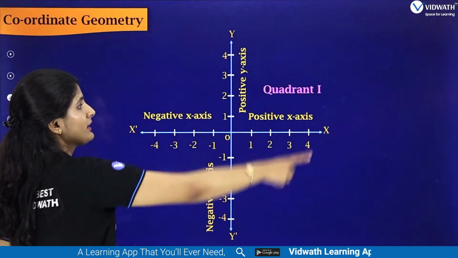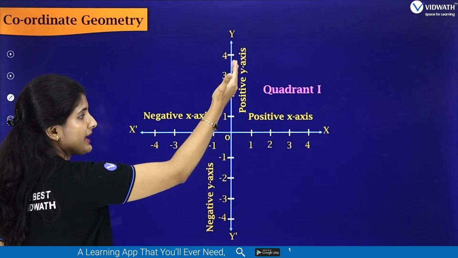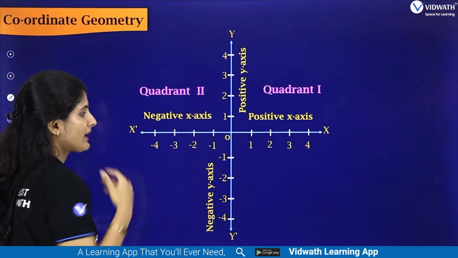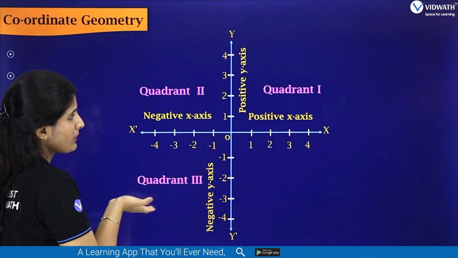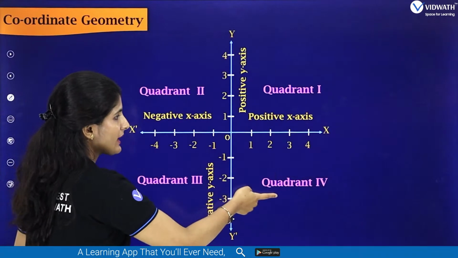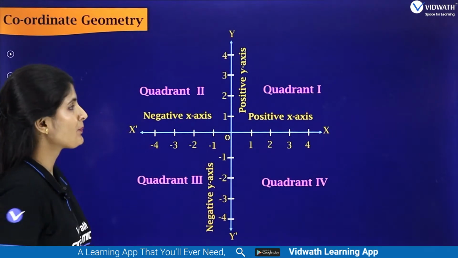So we have the first quadrant between the positive x-axis and the positive y-axis, the second quadrant between the negative x-axis and the positive y-axis, the third quadrant between the negative x-axis and the negative y-axis, and the fourth quadrant between the positive x-axis and the negative y-axis.